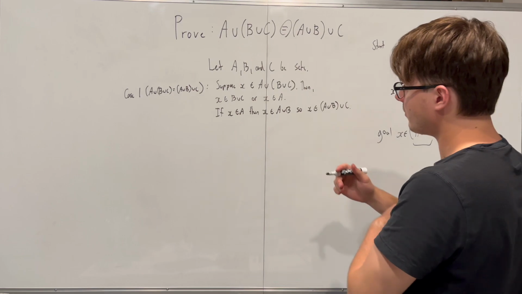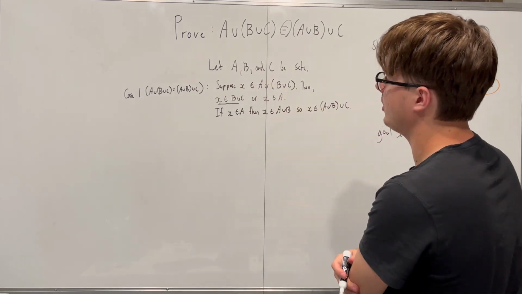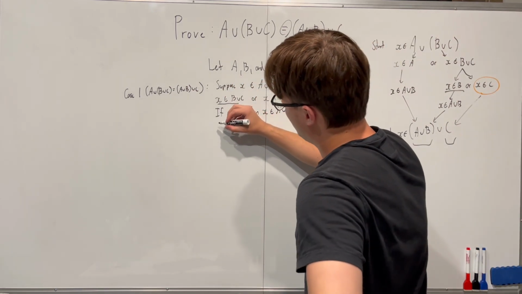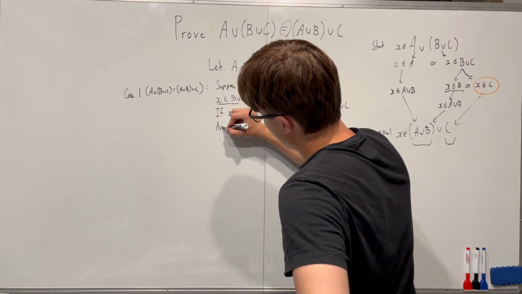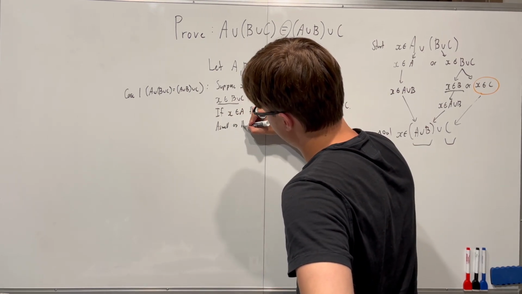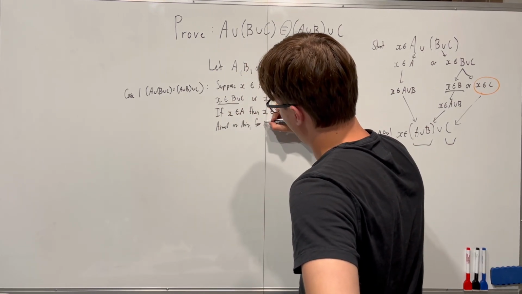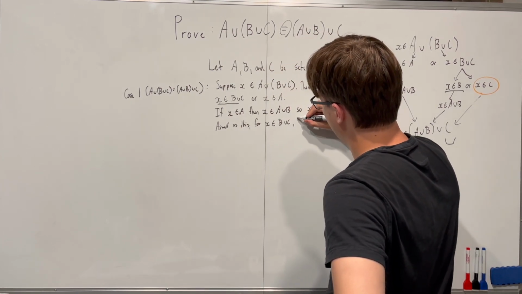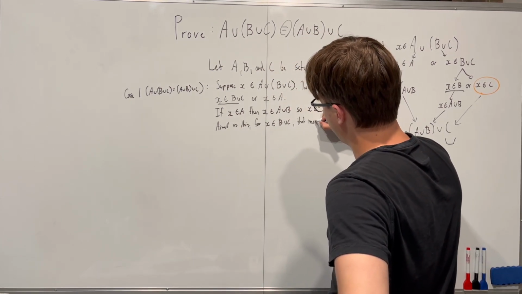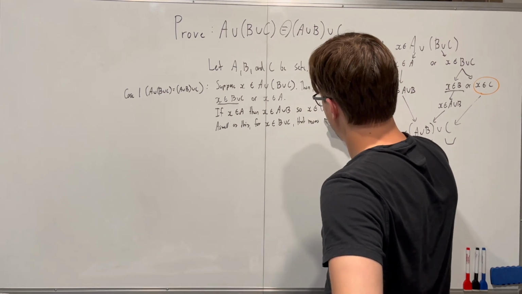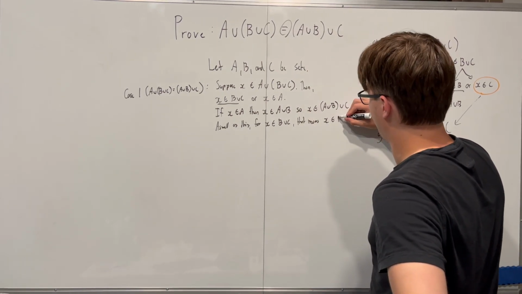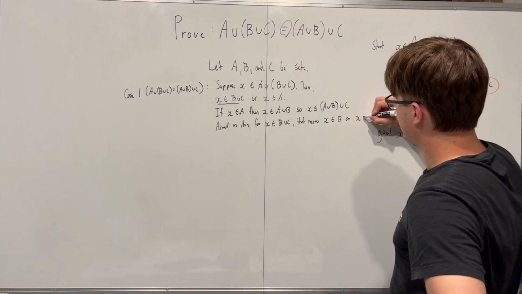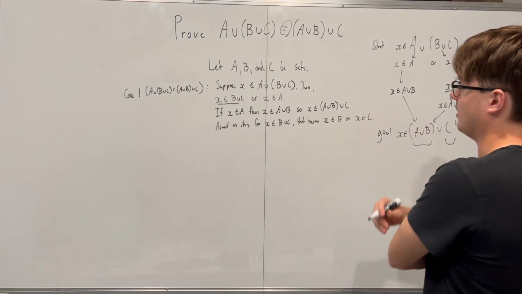Fantastic. Okay, next let's break down what we have here. We're going to say as well, as this, for X to be an element of B union C, that means X is an element of B, or X is an element of C. Fantastic.